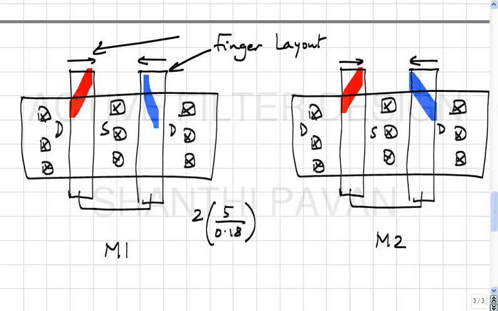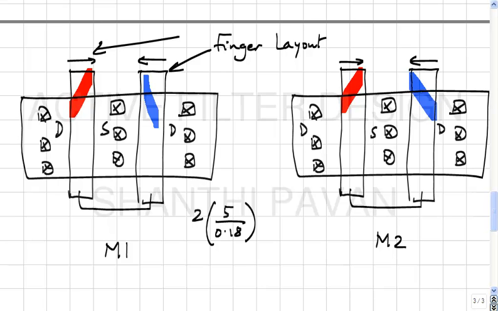So that's simply an unnecessary source of error which you need to keep track of everywhere. So the simplest thing is to make an even number of fingers. This way, since everything is a multiple of 2, if you copy and paste, you get as good a matching as you can without having to worry about all these other factors.